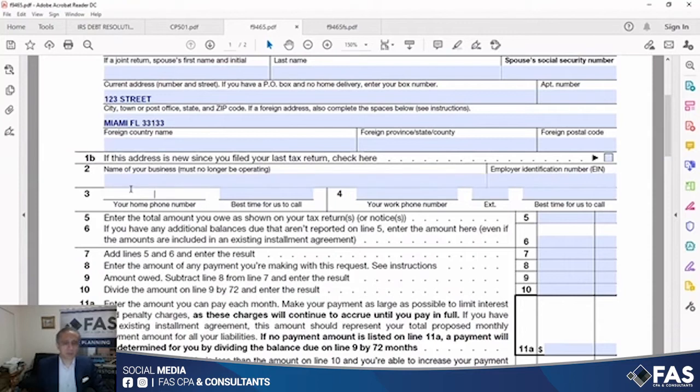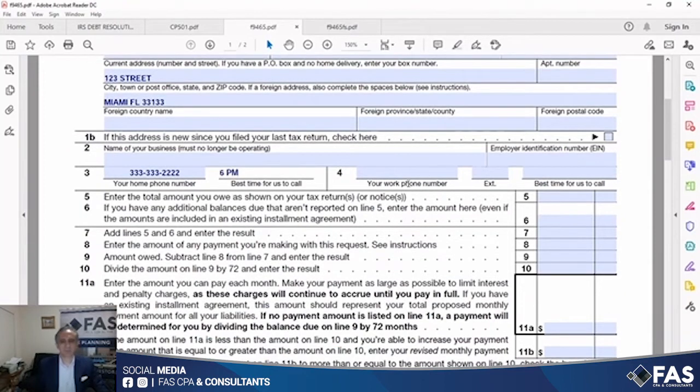Your phone number, and the best time to call, 6 p.m. This is your work number and the best time to call. But if you put number 3, your home phone number, that will be enough.